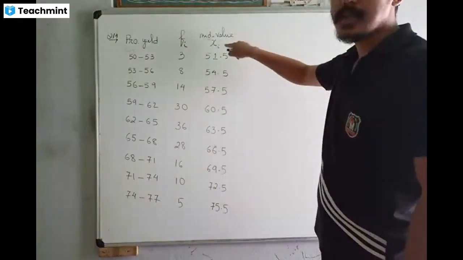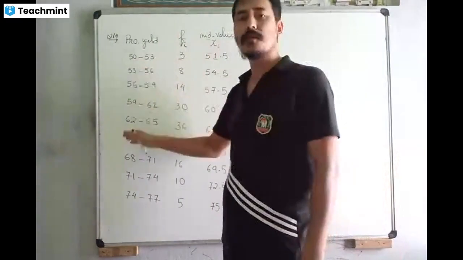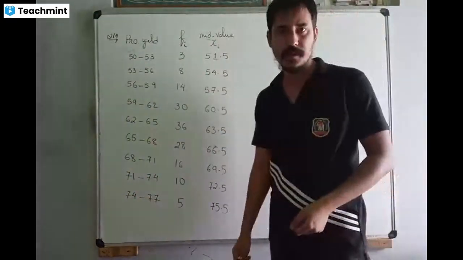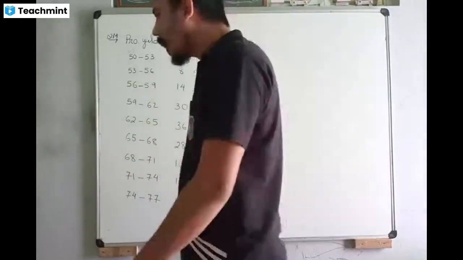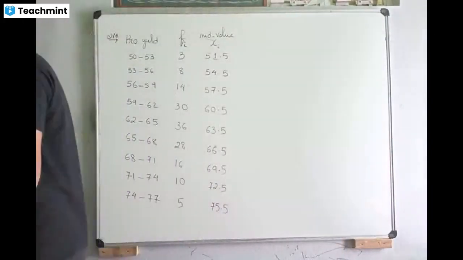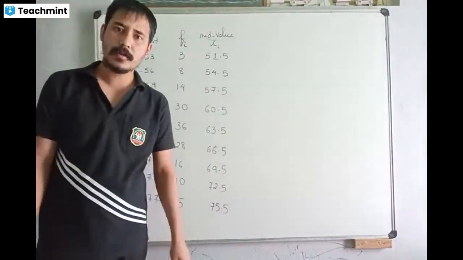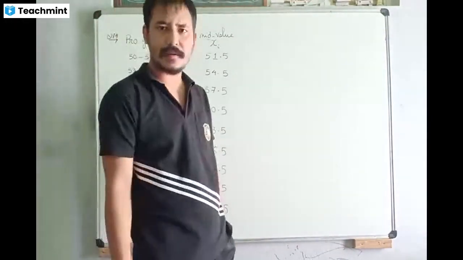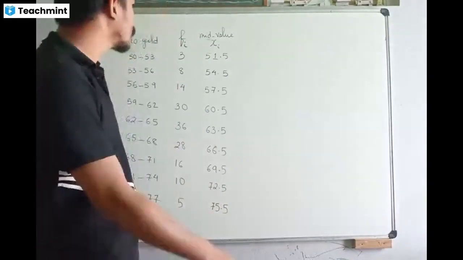Finding the center value of each group is common for all three methods. Now I'm going to proceed to solve this question using the direct method. What is the direct method? Very simple. We will see.